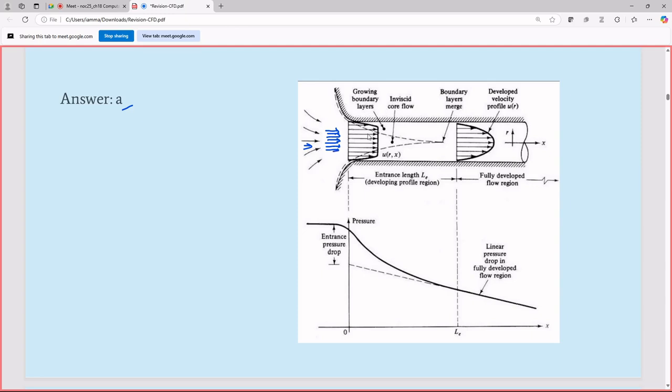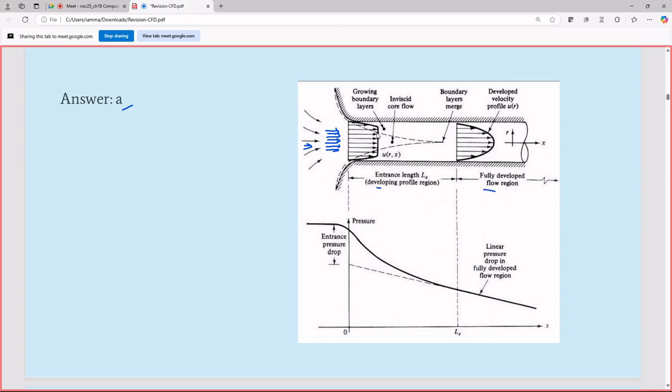But once it enters the tube, the boundary effects start to act on the flow velocity, and due to that the velocity near the walls will be zero, and it will slowly increase from the boundary to the center region. This is the developing length, and this is the fully developed region.